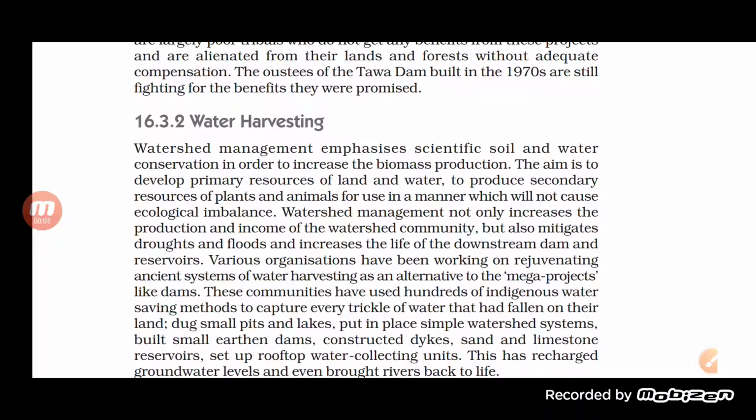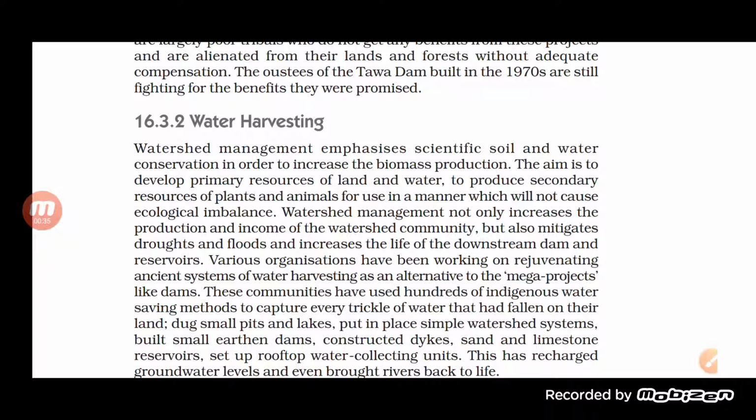So students, in the previous class in this chapter, that is management of natural resources, we were talking about water and water for all. What is the problem that we are facing these days regarding the scarcity of water and how we are using water.